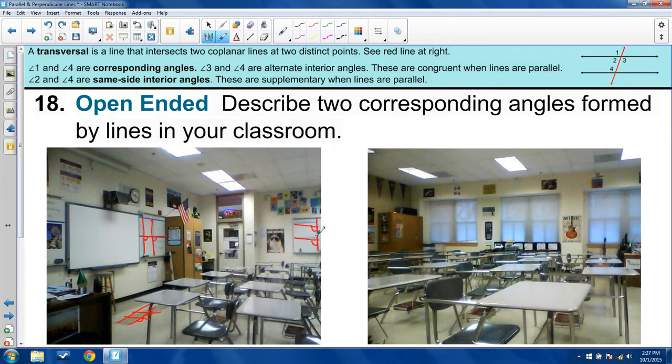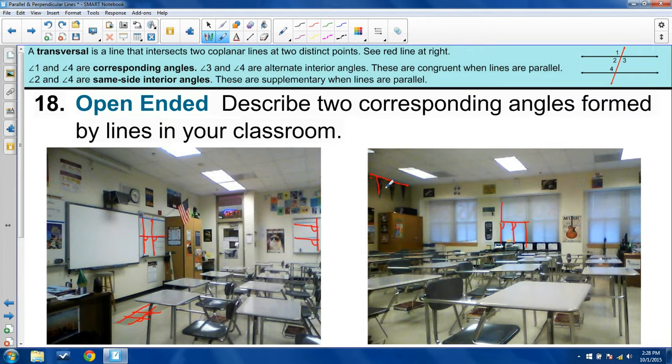So I won't be looking around too much, but those are some designs over there. Just look around for different lines. Over here, even the windows, maybe, if you think about the fact that these are going down with the panes right there, I have corresponding angles here. Take a look at these pennants up here.